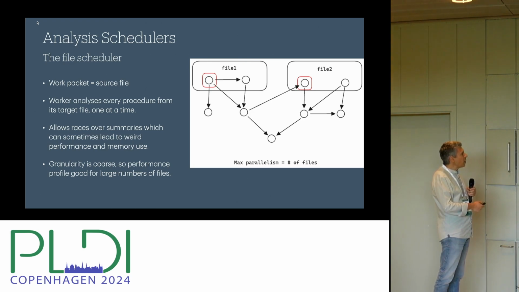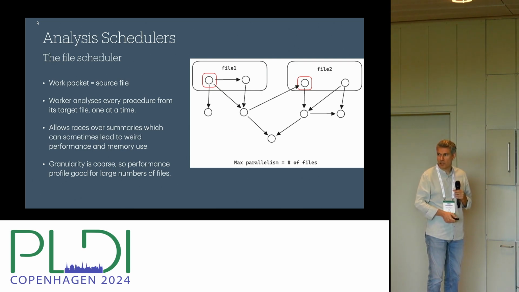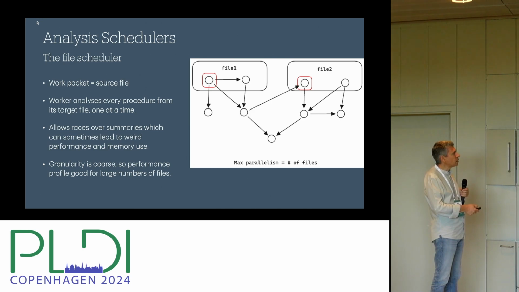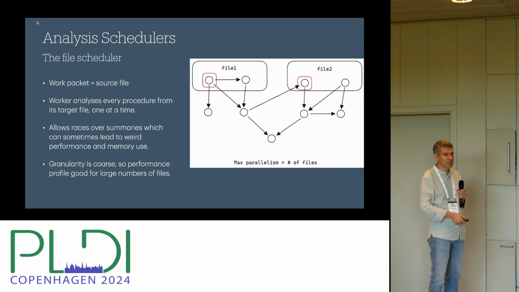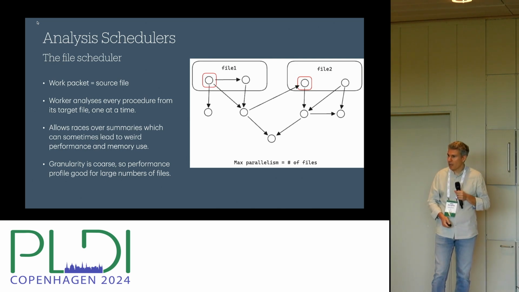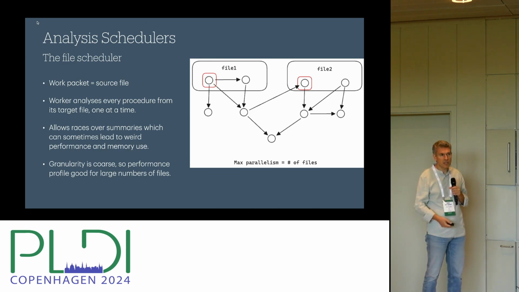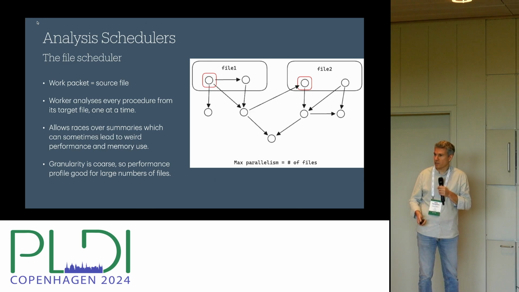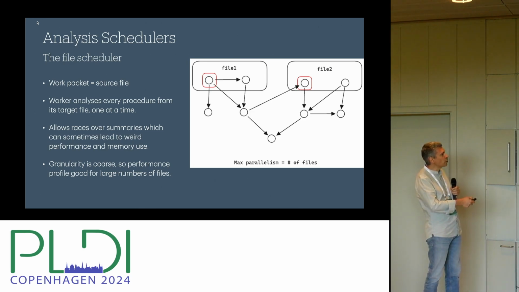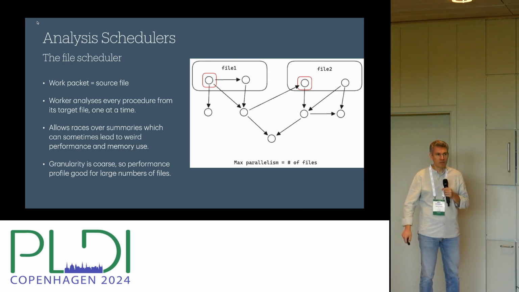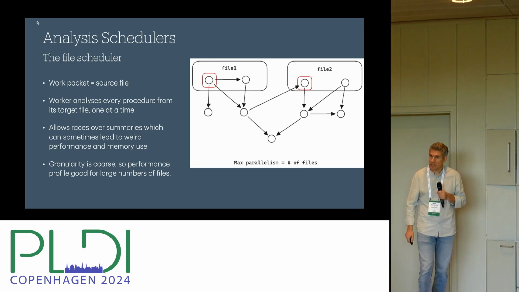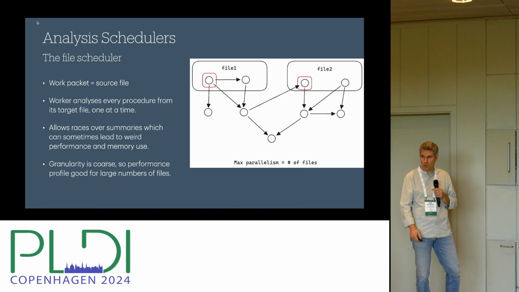One funny thing about it is that it allows races over summaries. Let's say we have scheduled these 2 procedures in red. That's a common dependency of both of them, transitively speaking. If the timing constraints are just right, then both workers will end up analyzing the same procedure concurrently and even write the summary twice.